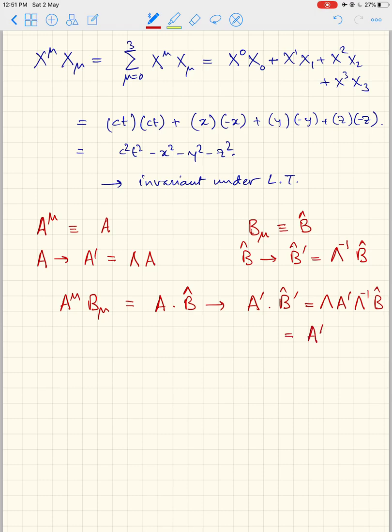So this just becomes A dot B hat. What you see is that this quantity is invariant under Lorentz transformations. Okay, so this is another thing that I wanted to stress.